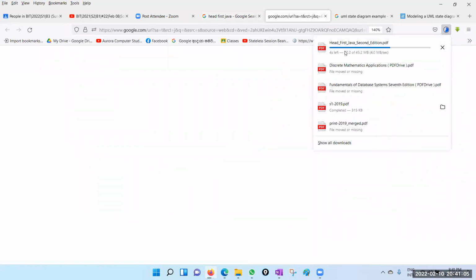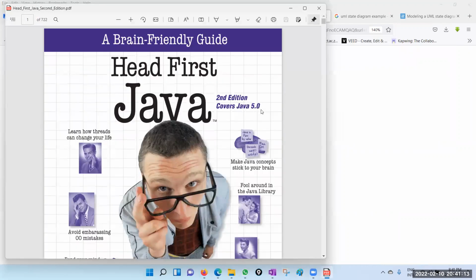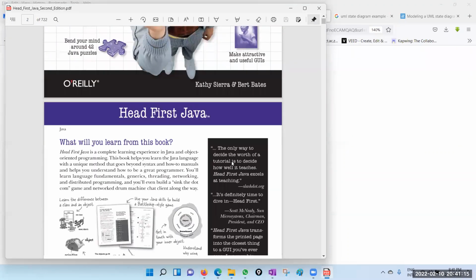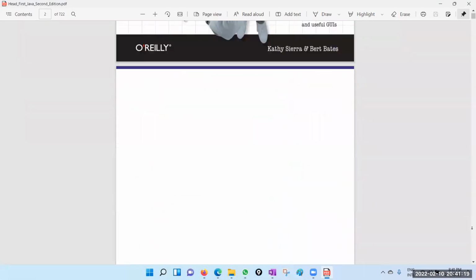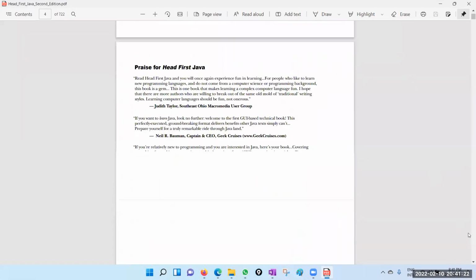I gave you the PDF version also in the Google Classroom. The Head First Java book is extremely interesting, if you want to learn the Java language together with programming and object-oriented concepts. These are not the traditional boring books with a lot of text.